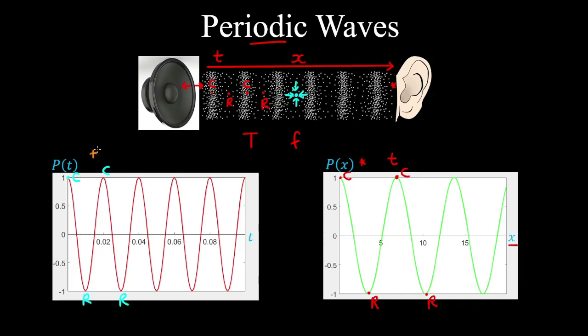So using this plot over here, the period is the time taken for one oscillation of the wave to complete. So for example, if we start from this point, we have the maximum compression of the air, followed by the maximum expansion, and back to maximum compression.